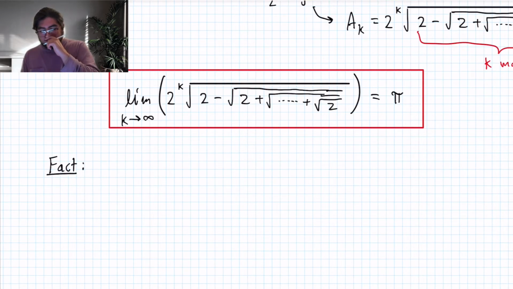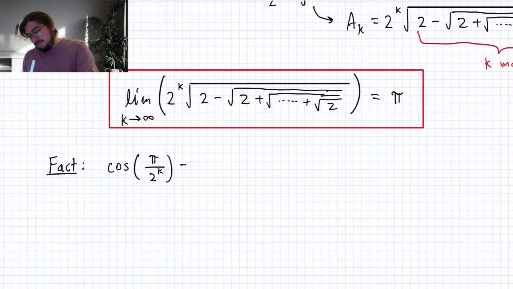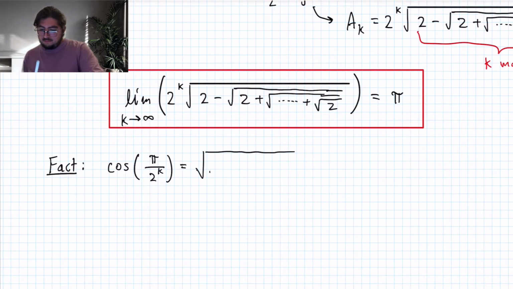Let me just tell you what it is: cosine of pi over 2 to the k is equal to nested radicals of 2 added to itself, 2 added to previous radicals.